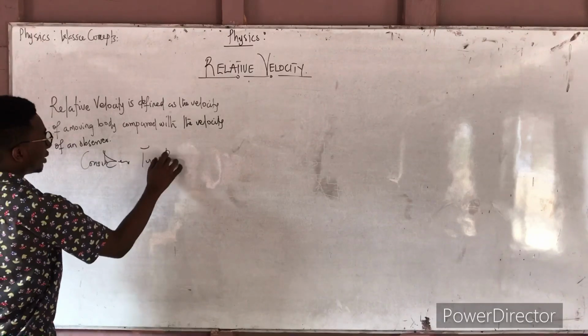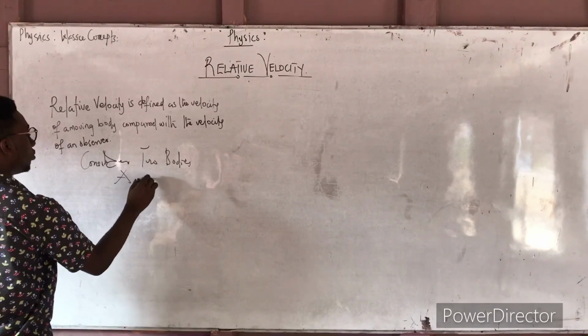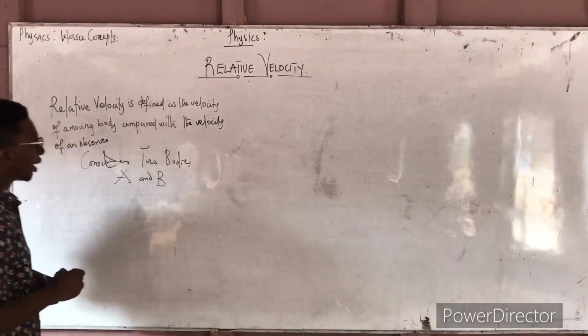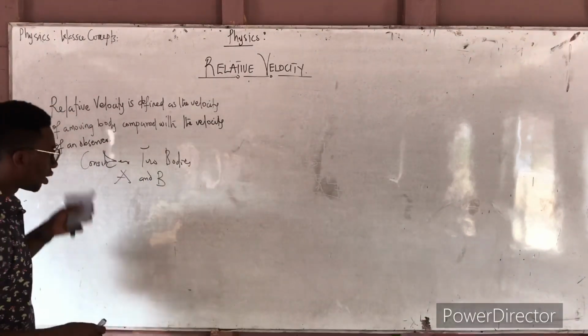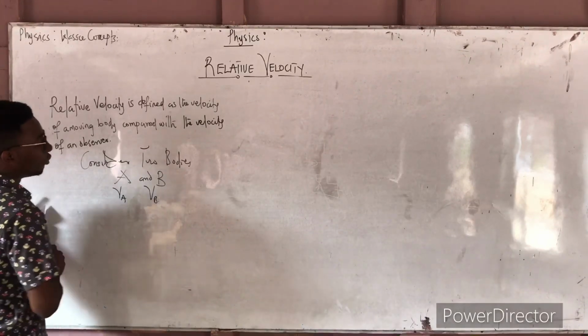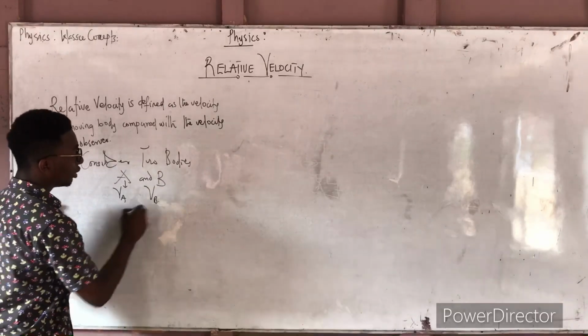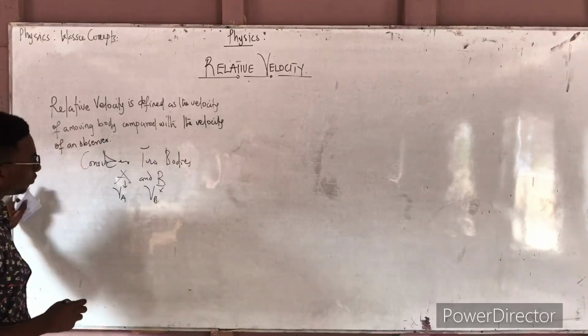Now, let's consider two bodies, A and B, having velocities of VA and VB respectively. So body A has a velocity of VA and body B has a velocity of VB.